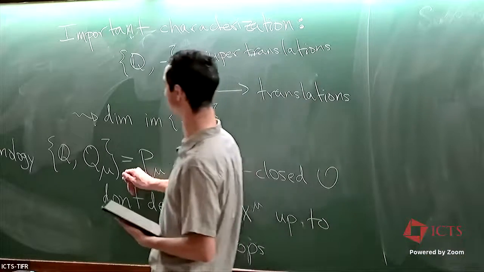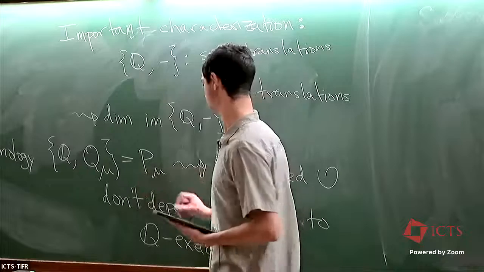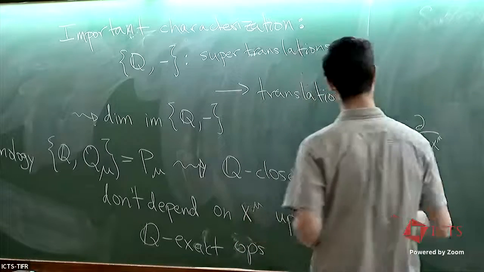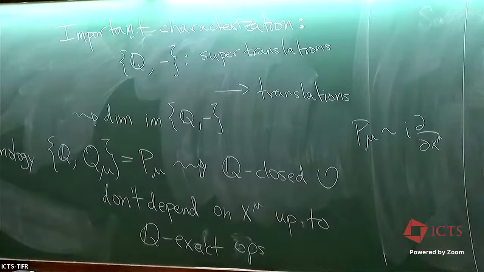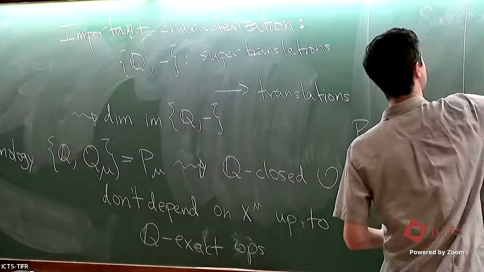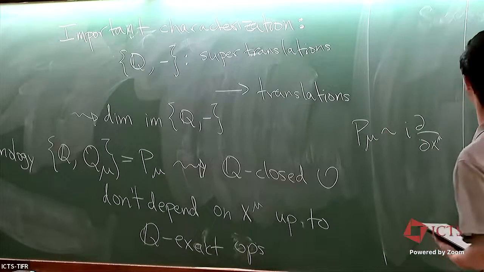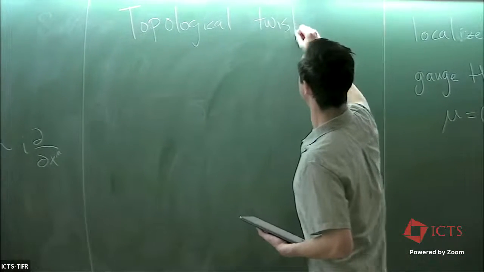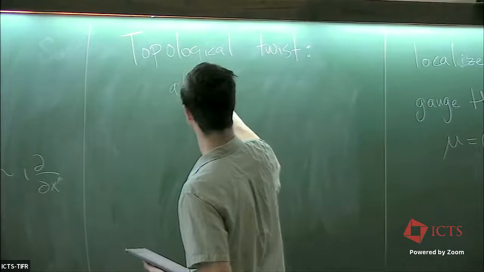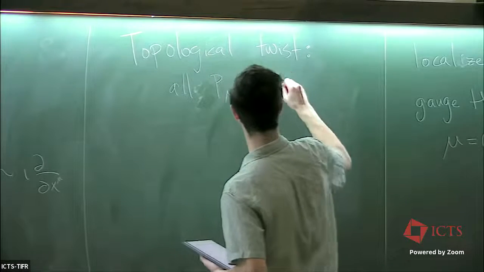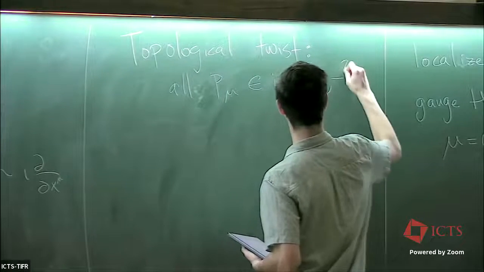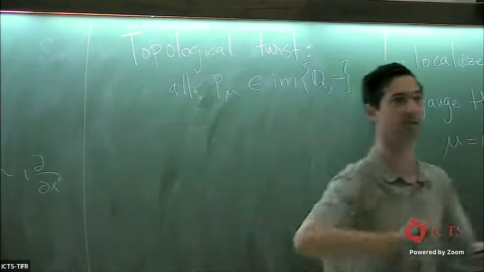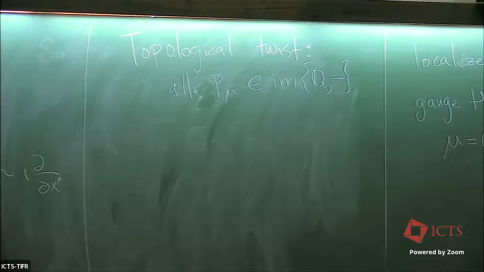It's essentially just using this bracket and realizing that P_μ acts on operators as i times a derivative with respect to x^μ. And the Q twist is called topological if all P_μ belong to the image of Q. In particular, local operators O don't depend on their insertion points. We're free to move them anywhere in space and it won't change any computation that we want to try to do.